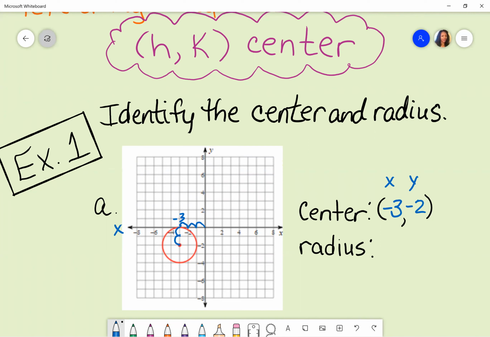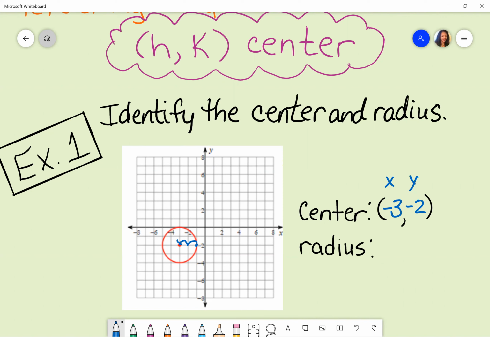All right, so now that we see what our center is, what we want to look for now is our radius. The radius is how many units it takes to go from the center to the edge of the circle. It doesn't matter which direction you're going in. If I'm counting to the right, 1, 2, I hit the edge of the circle.